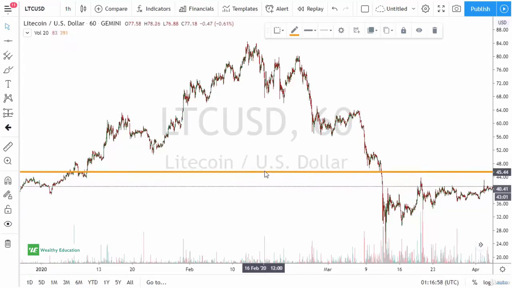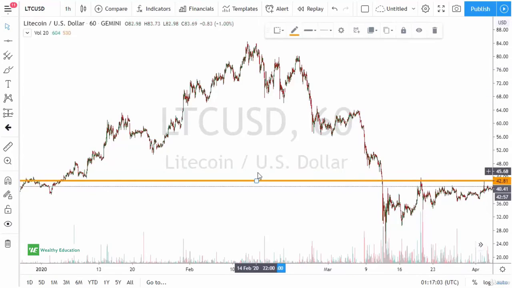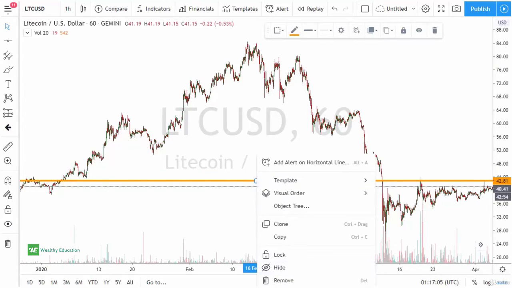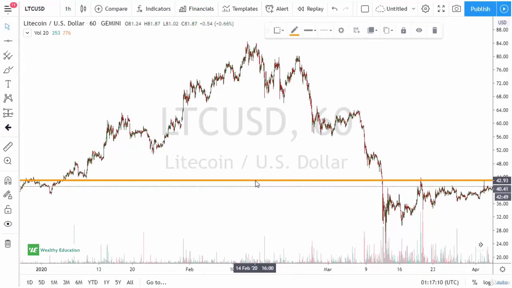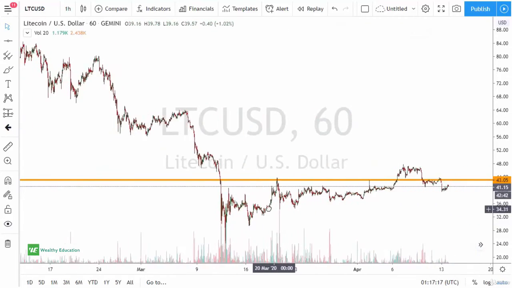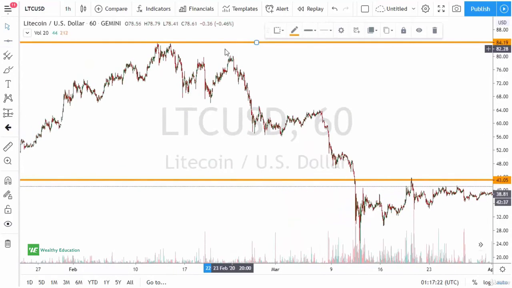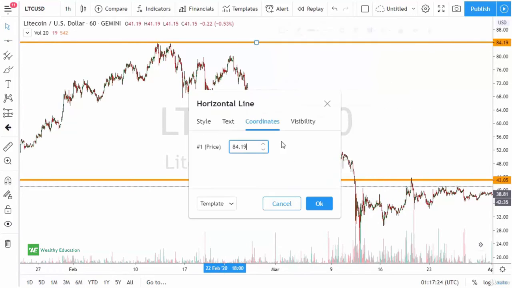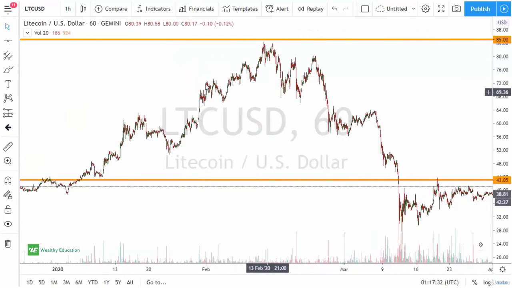For example, you can see right here there's obviously some trouble right around the $43 level, and you can see that as price kept trying to get there, it kept running into a lot of issues. You can also make an argument for right around here. This would be basically $85. Again, that's a big figure.